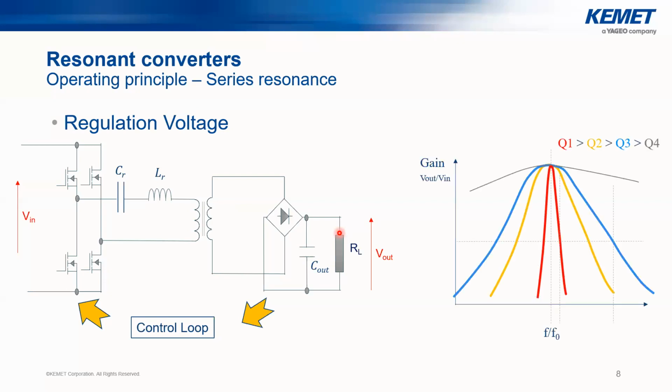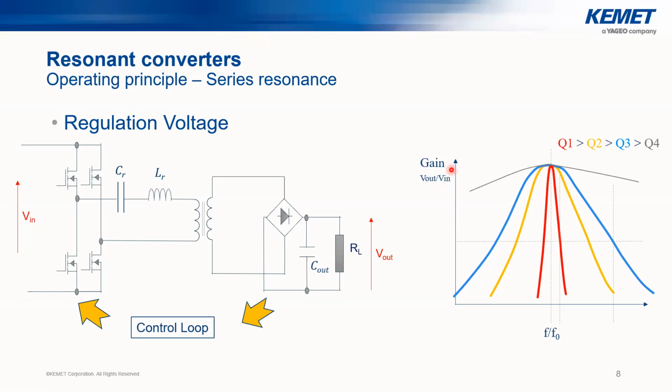Let us take an example by plotting the gain, representing V output over V input. Here we have a normalized frequency, the operating frequency over the resonant frequency of the converter, and we have different Qs, which means different loads. If we have a fixed load, that means a fixed Q. Let us take the curve in yellow and consider that the input is now changing.